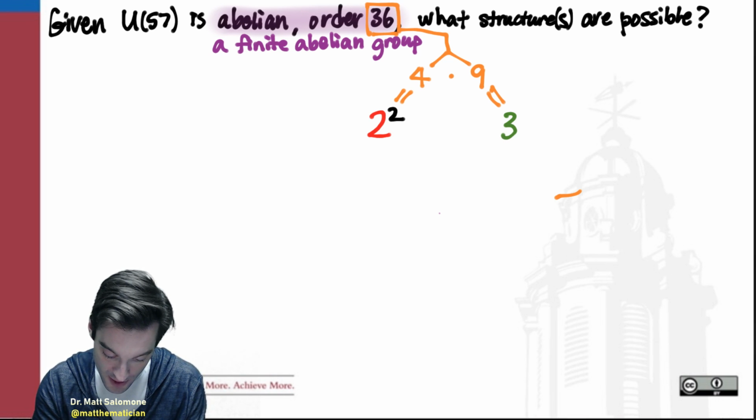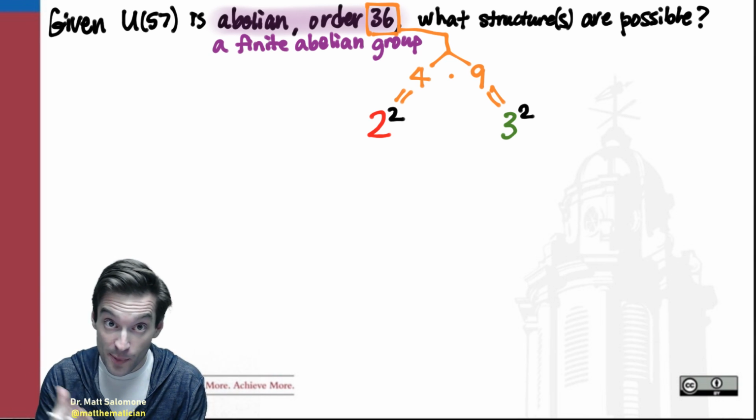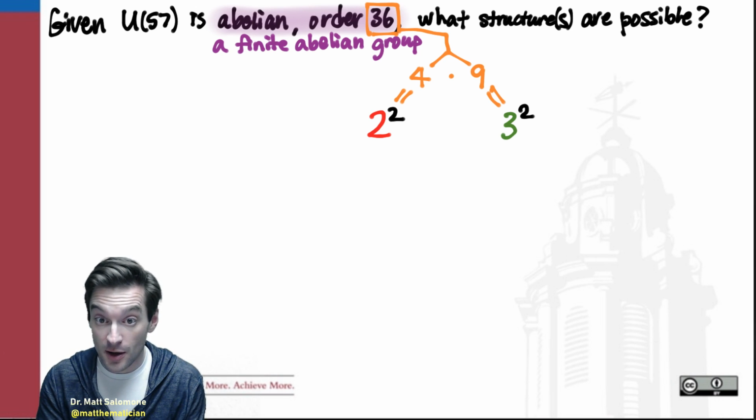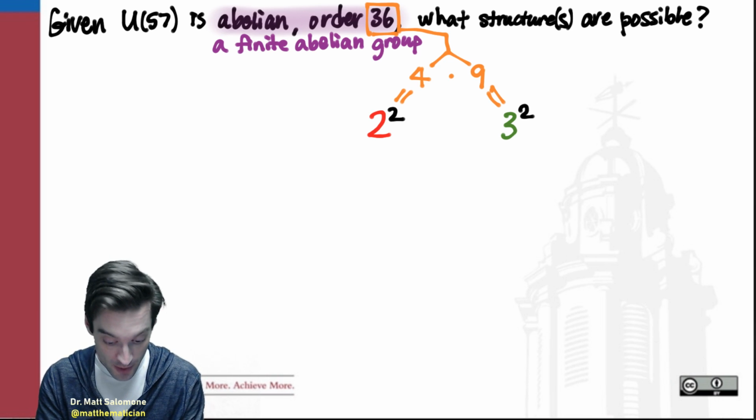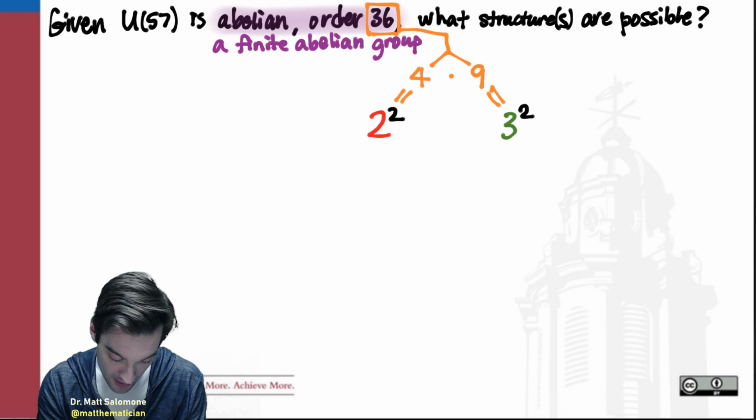And so if we're using the chip stacking game metaphor that we've been using in our class to help explain the thought process that goes into the classification that we're about to do, the metaphor here is that my group of order 36 can be structured by stacking 2 red chips and 2 green chips.